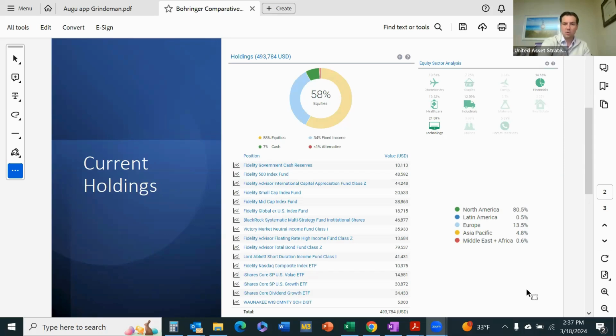A lot of it was more developed with Europe, but also some emerging markets. But to us, 80-20 was out of whack from where we would want to be. Our targets were much heavier to be more US, more domestic, for a lot of different reasons. So that was the first thing that this was able to point out to us.